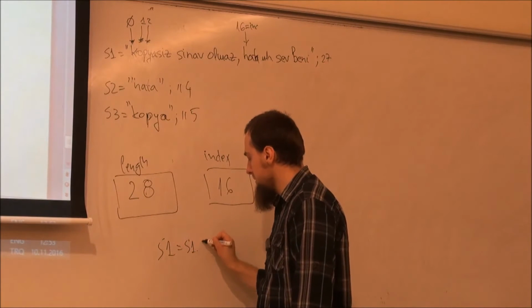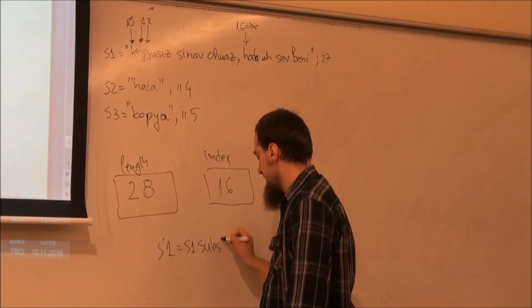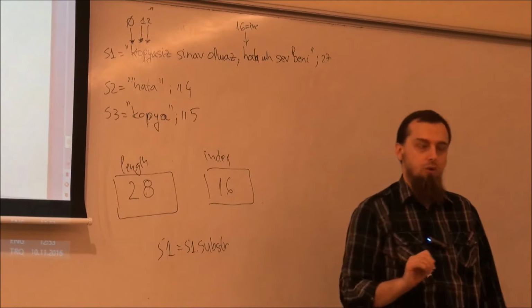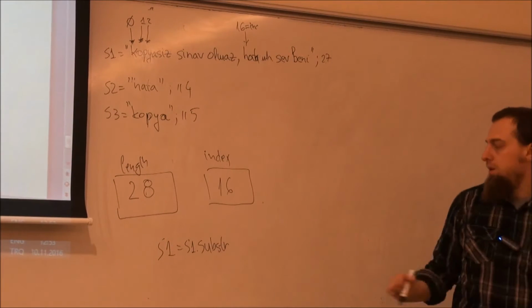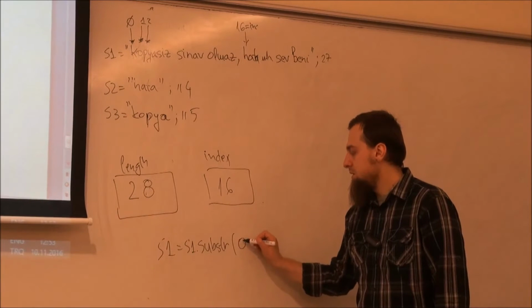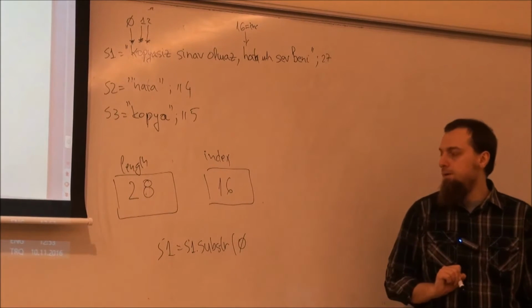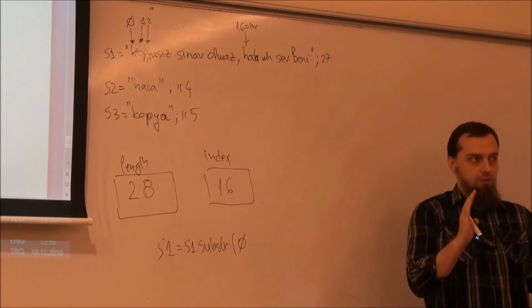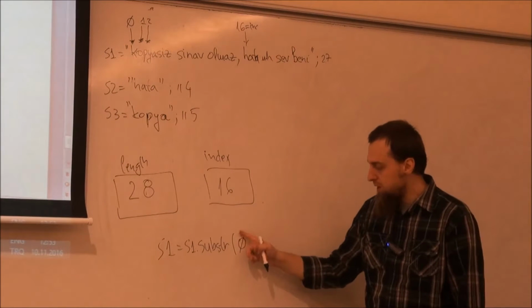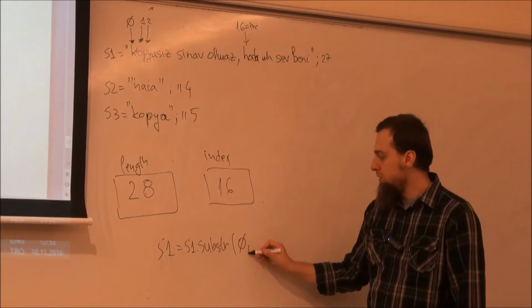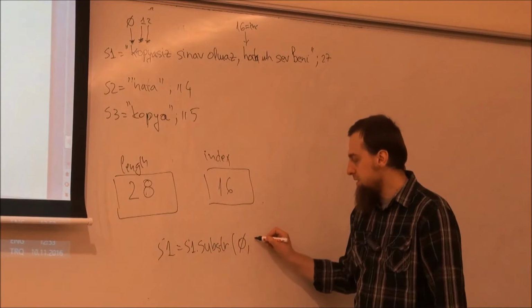S1 substring. You remember the substring function, we're not going to repeat it again. Basically, it takes a substring, a part of the string, from this character, in this case from 0, and it takes index characters.